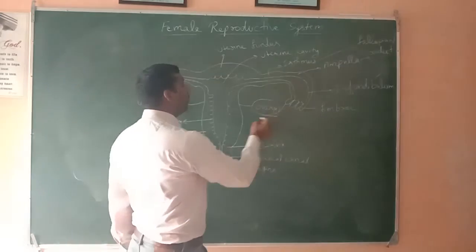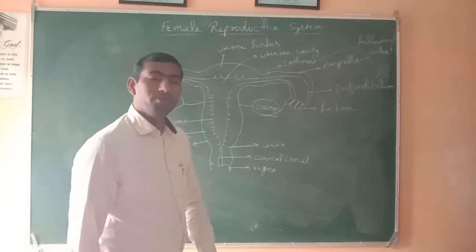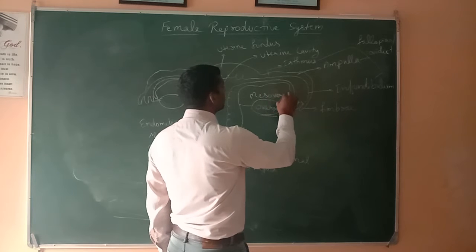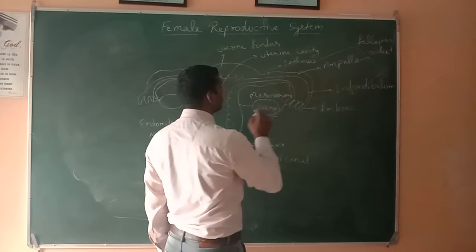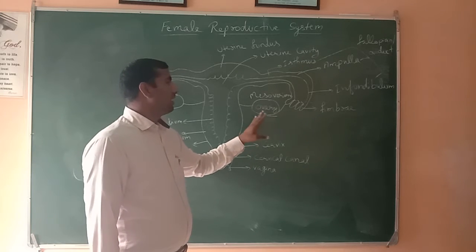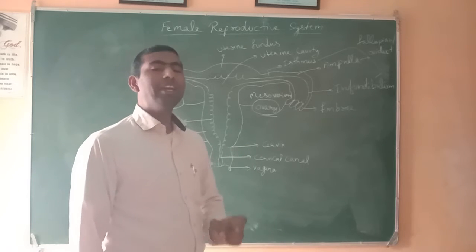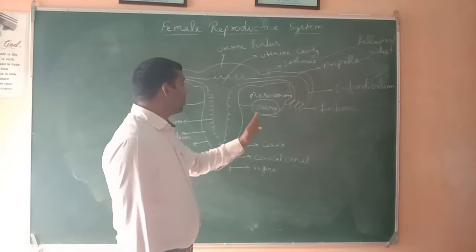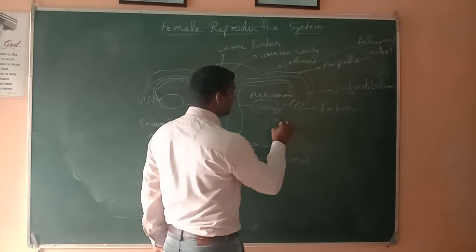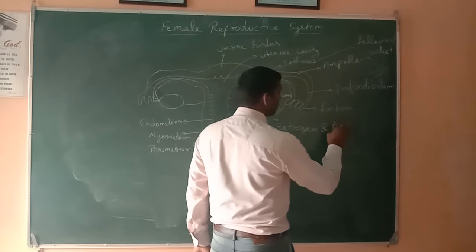The pair of ovaries is attached in the abdominal cavity with the mesothelium. The ovary releases the ovum as well as the female sex hormones. The ovary releases two main sex hormones, that is the estrogen and progesterone.